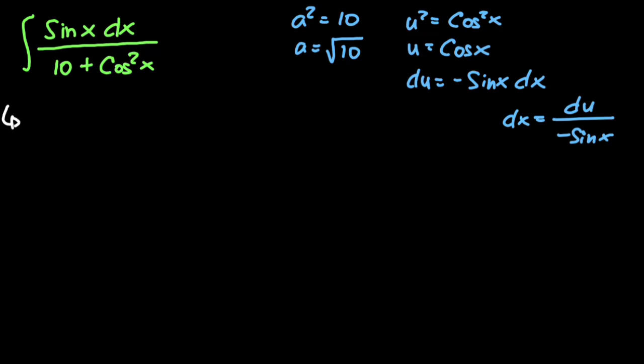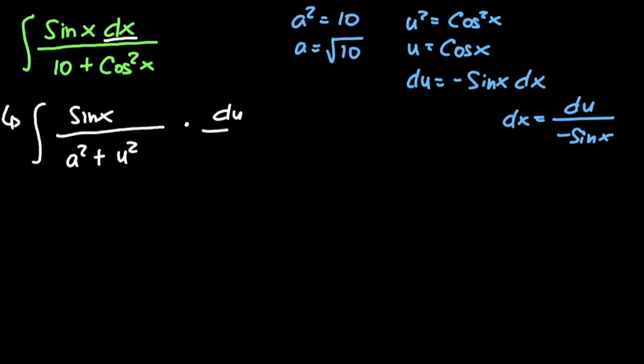So let us simplify this. It will be the integral of sine of x over 10 here is a squared plus cosine squared of x here is u squared. Let's multiply this by the value of dx, which is du over negative sine of x. Let us simplify this.